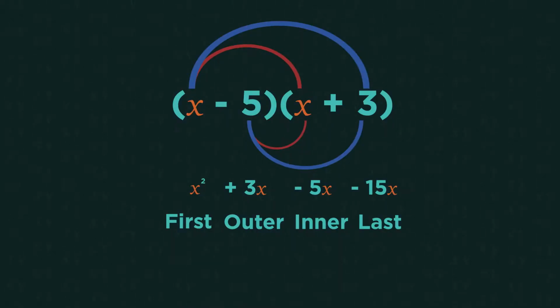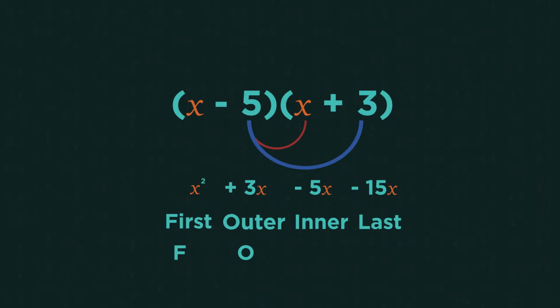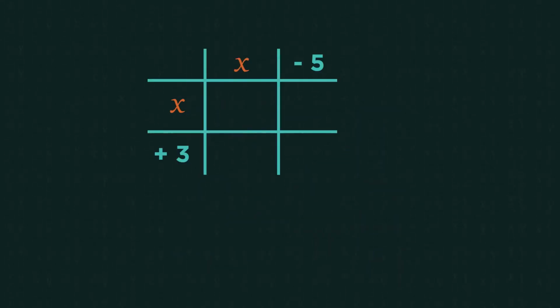See how I've ended up with 4 arcs? That's really important because it means I haven't missed anything out. Some people like to remember this as FOIL. First, outer, inner, last.